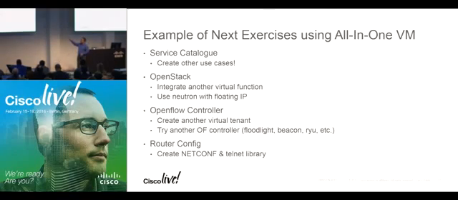Replace the ODL with Floodlight, Beacon, Ryu, and so on. And instead of using SSH from the network manager to the physical router, the R1, why don't you use something else, like NETCONF, right? So have it as a base for you. Then later on, start developing your skill, customizing something. At least you have something to start with, right?